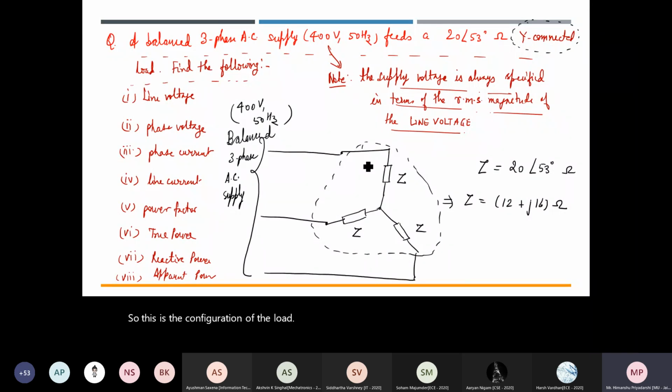The load is Y connected or star connected, and per phase impedance is given.